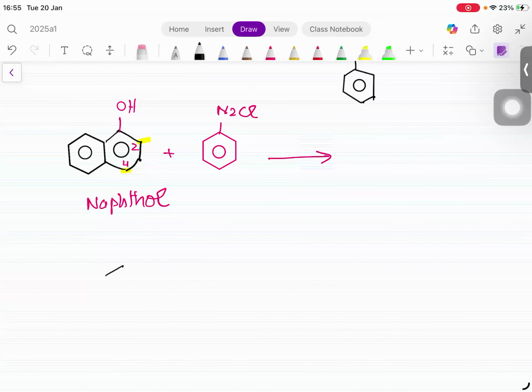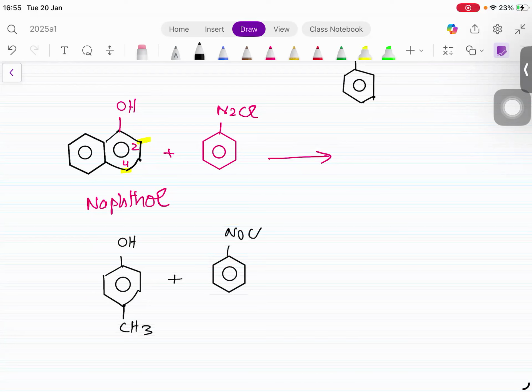So it will again react with NaOH. The catalyst will be NaOH. Yes, NaOH is not a catalyst.